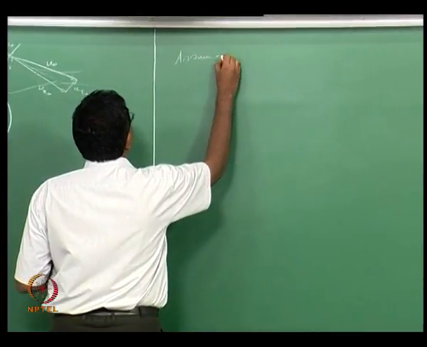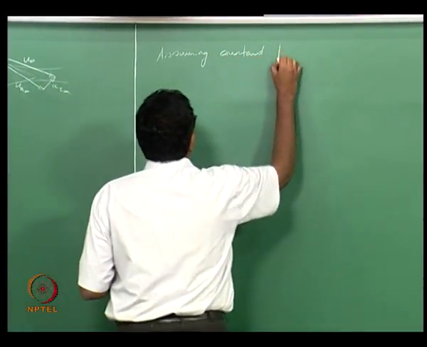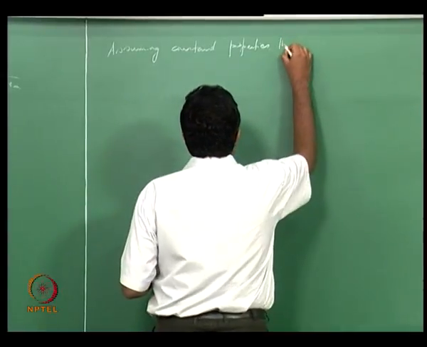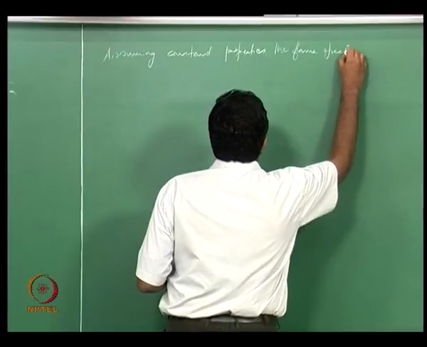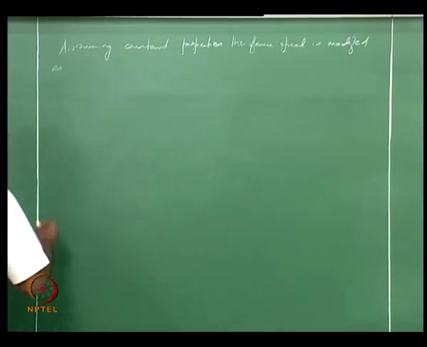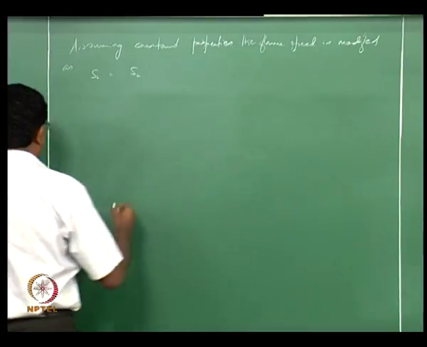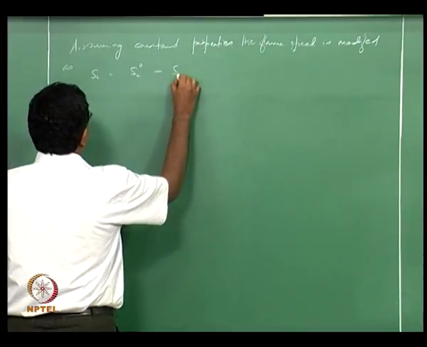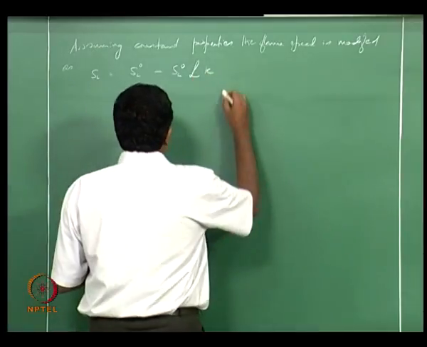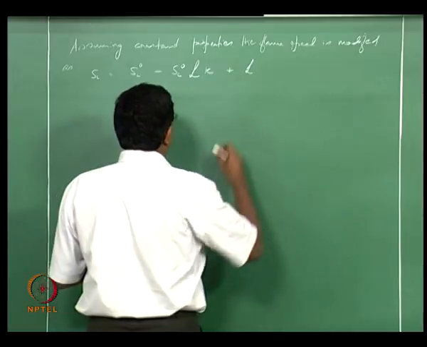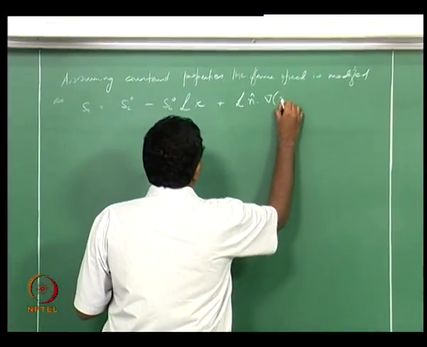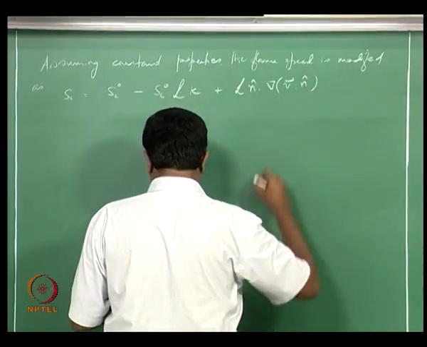So if you now assume constant properties, the flame speed is modified as SL equals SL naught minus SL naught times script L times kappa plus script L times n hat dot gradient of v vector dot n hat.